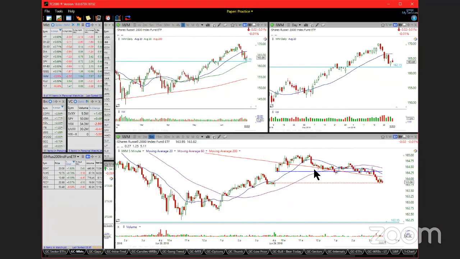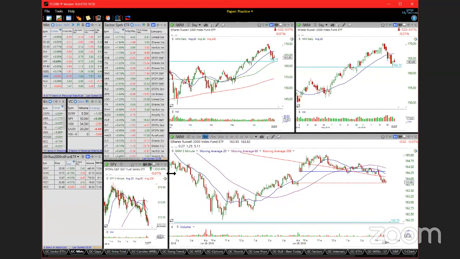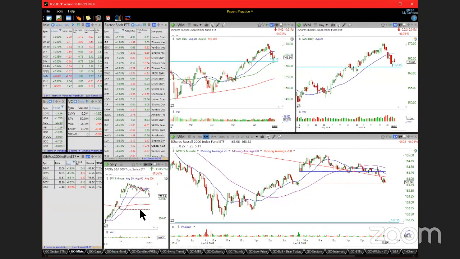Apple's starting to roll over a little bit, and spiders coming in.